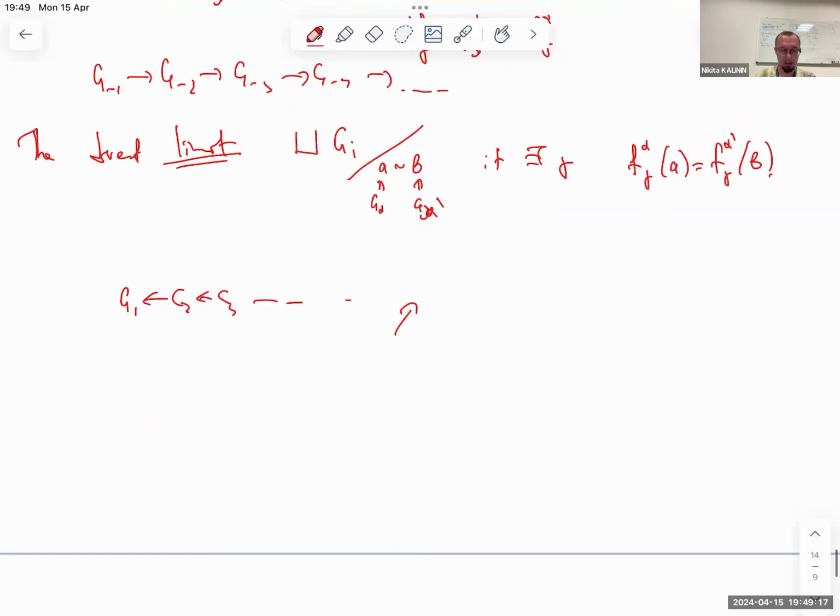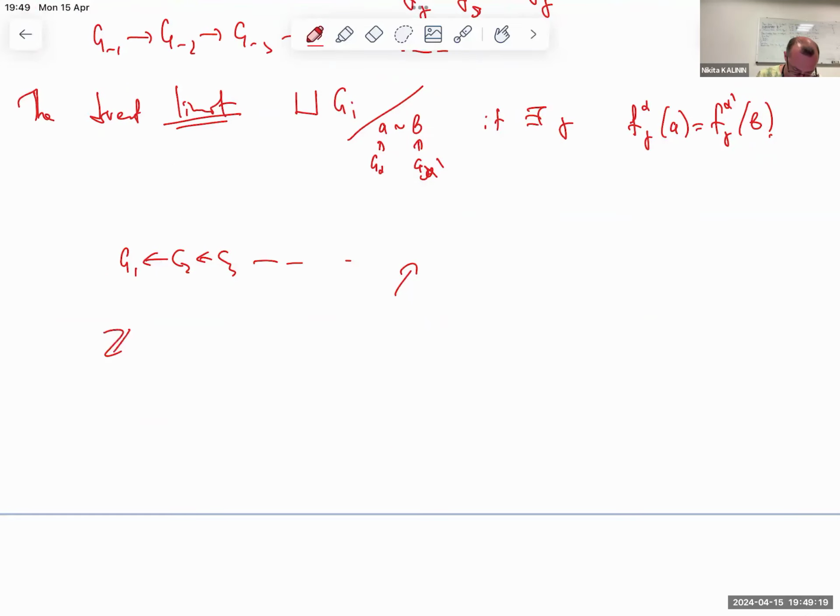So for p-adic numbers, indeed, you have this G_n, right? And you have this... no, I think it's different, right?